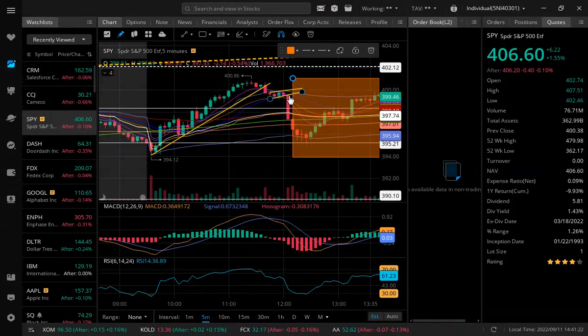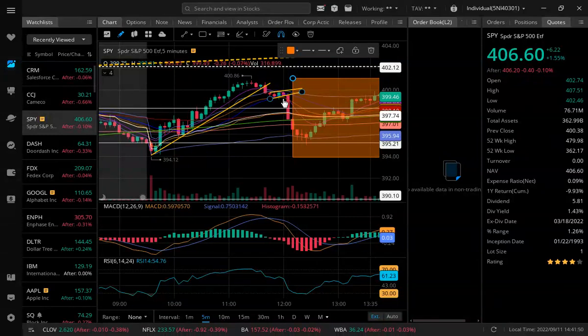Now, we also see this pre-market high. We could take that, another put indicator: the break below the pre-market high, which is backed up by the 8 EMA crossing below the 21 EMA.